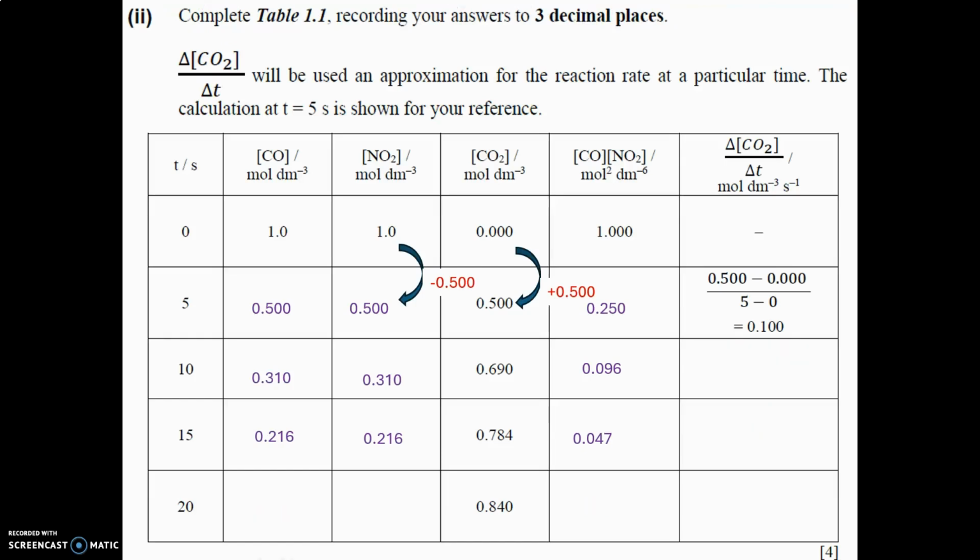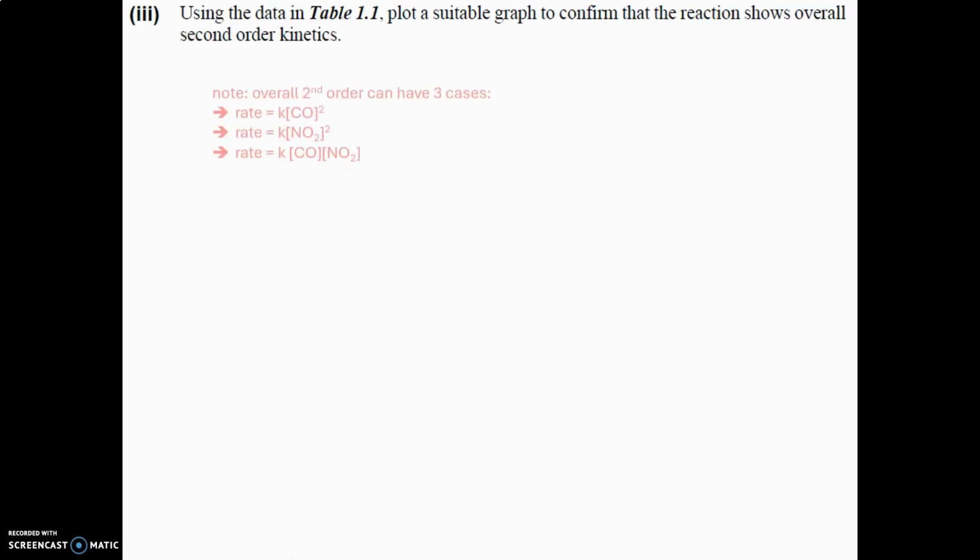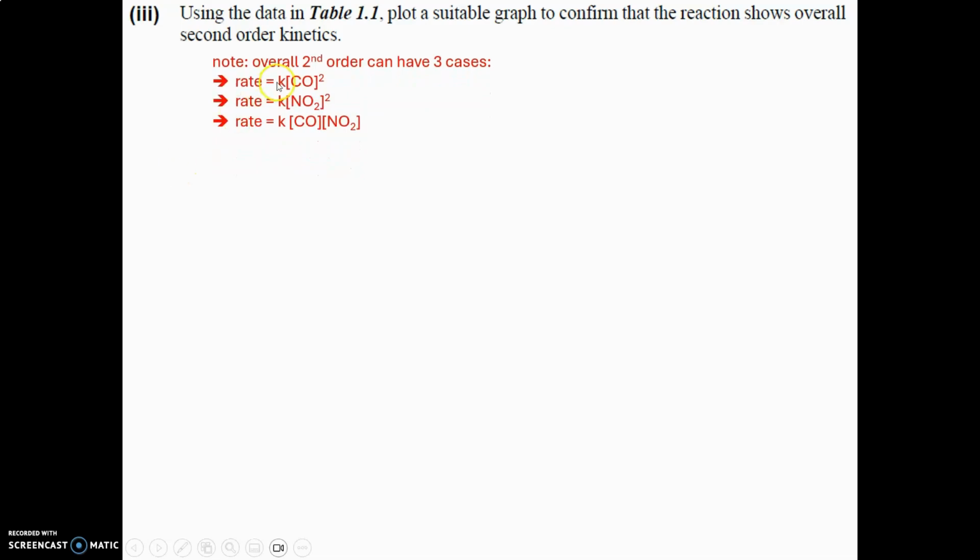Part 3, using the table in 1.1 to plot a suitable graph to confirm that the reaction is overall second order kinetics. Now, if you have read the question properly, overall second order can have 3 cases with reference to this reaction in general.